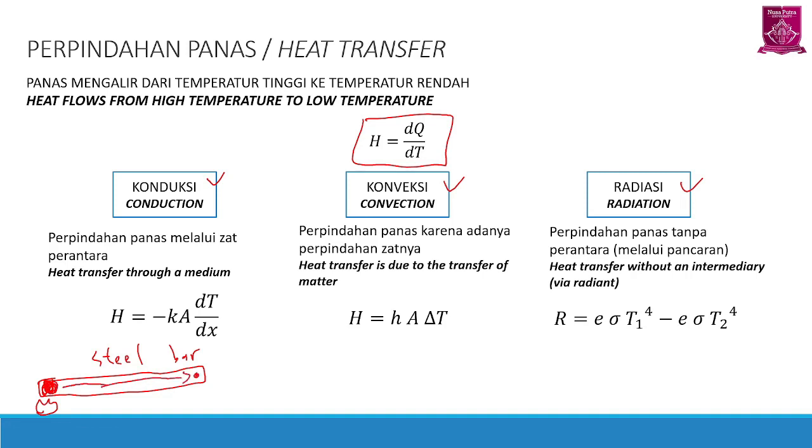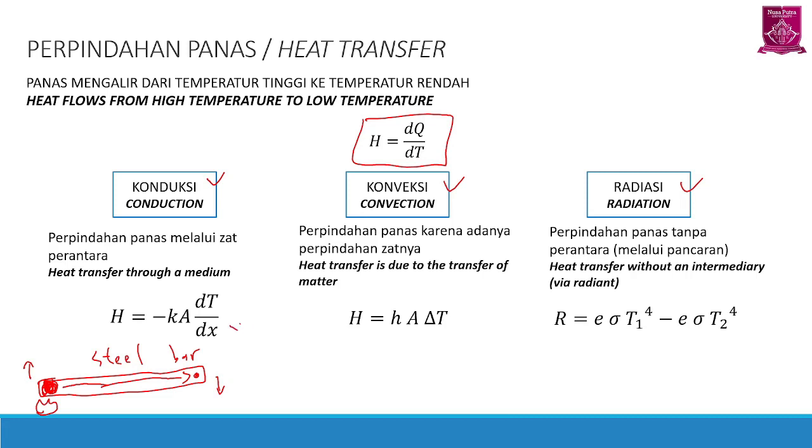So heat will flow from the higher temperature to the lower temperature. We can calculate the heat transfer: H is equal to minus kA multiplied by dT per dx, the differential of temperature by x. x is the length of the object, right?